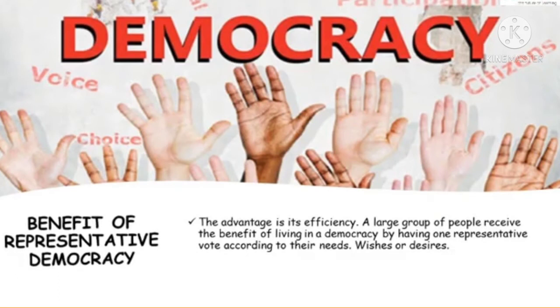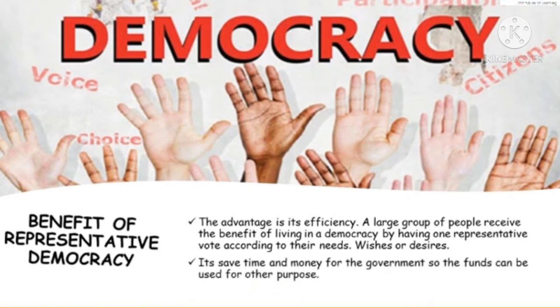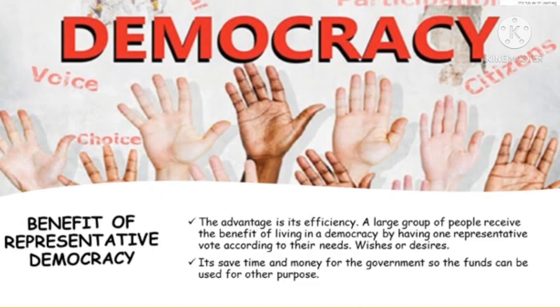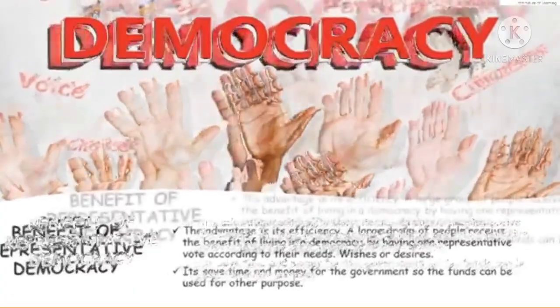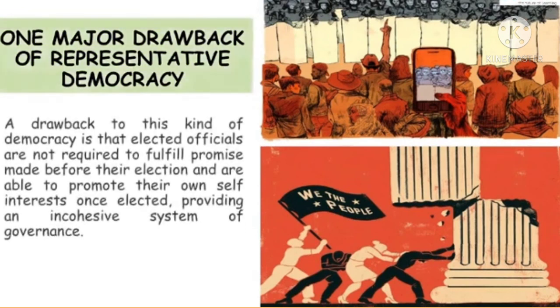Now, the benefits of representative democracy are numerous. One advantage is its efficiency. A large group of people receive the benefit of living in a democracy by having one representative vote according to their needs, wishes, or desires. And again, it saves time, unlike when you have everyone trying to put in their opinion, like in direct democracy.